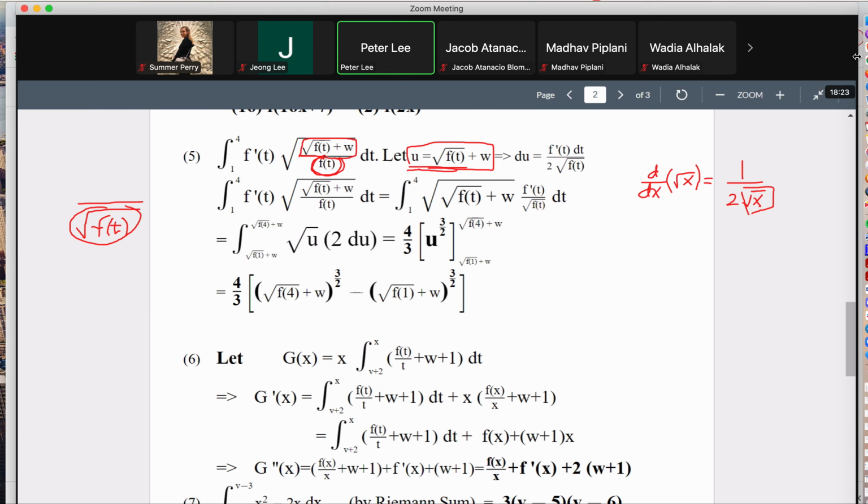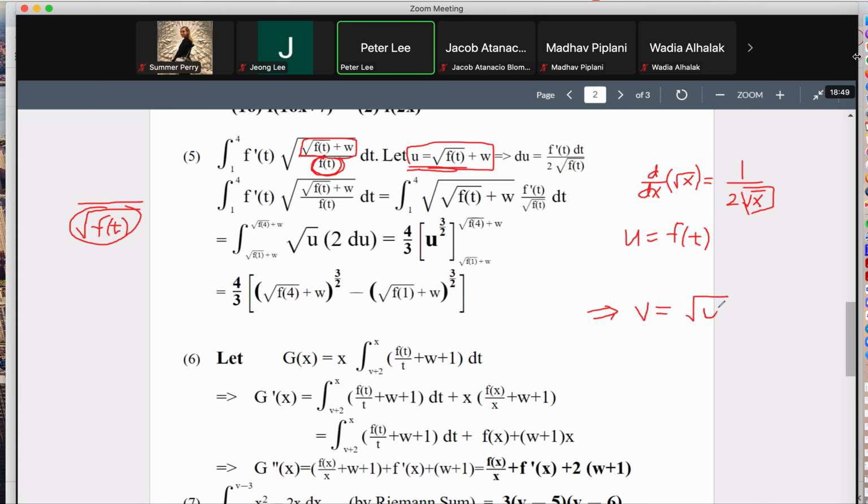Now, many of you did 2 steps. What you did was you did u is equal to f of t, and then after that, you did v is equal to square root of u.